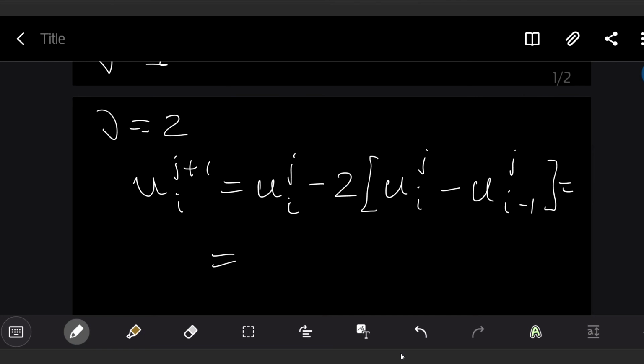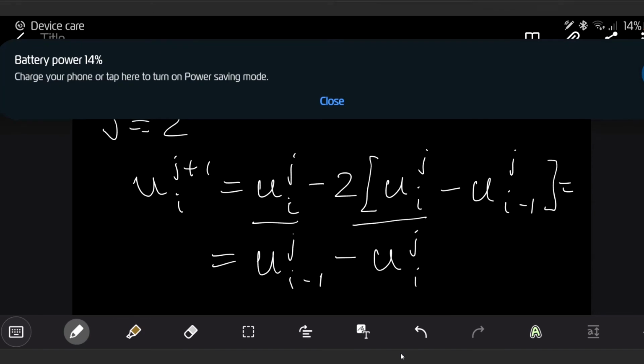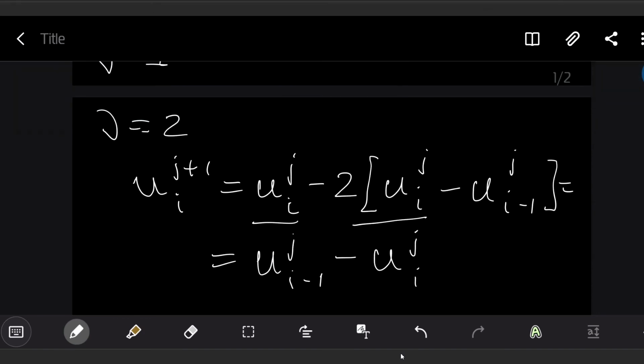We can simplify this equation. We can see the same property here and here. So I will just subtract one from the other. And we will see that u at i minus 1 j minus, I think it's, okay, it will be minus here, right? u i j. So what we are doing, we are basically subtracting one value from another value here.